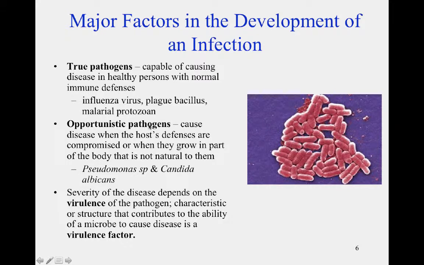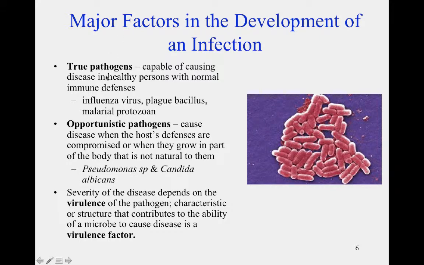And in the case of an opportunistic pathogen, these can cause disease when the host defenses are compromised or when they're growing in a specific area of the body that is not natural to them. So some examples of this, Candida albicans, which causes a yeast infection. Pseudomonas is another one that can cause a multitude of skin infections.